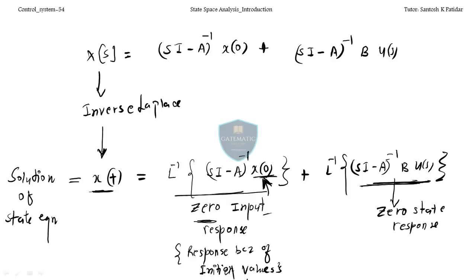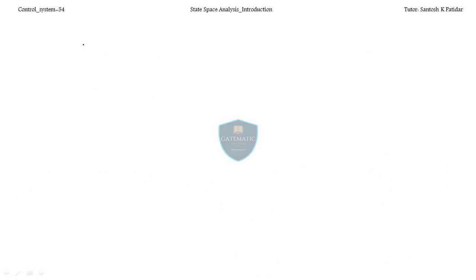Now the state is 0. This is the initial state, I'll call it initial state, so it will be clear to you. So this is the response because of the zero state, meaning the state is 0, because of input. So I can call it the because-of-input response. So the zero state response is nothing but the input response, and the zero input response is nothing but the state response, isn't it? So in the final conclusion I can write x(t) is nothing but ZIR, zero input response, plus ZSR, zero state response.